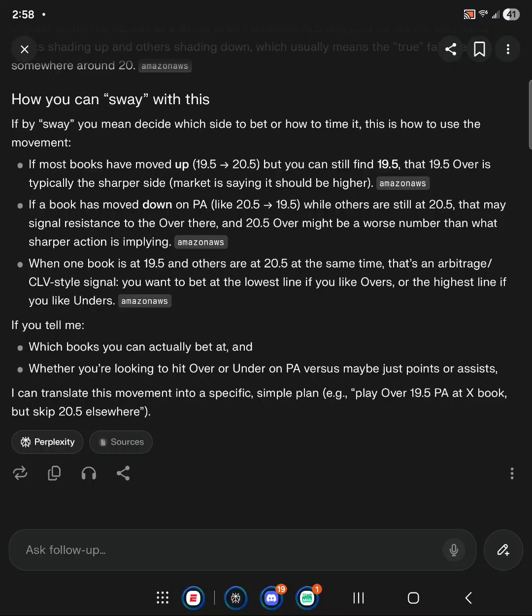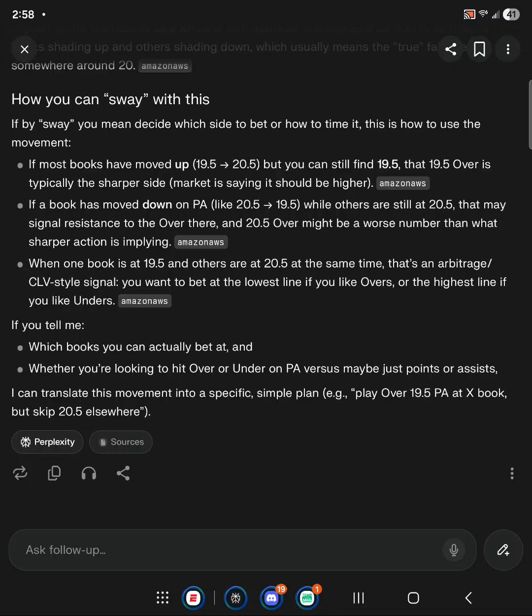So, and then look, it gives you the breakdown, because at the end of the day, it's your interpretation, but it's not your interpretation, because that makes it seem like it's random. It's literally facts. When one book is at 19.5 and the other's at 20.5 at the same time, there's an arbitrage. Look, CLV signal. You want to bet low lines over and high lines if it's under.